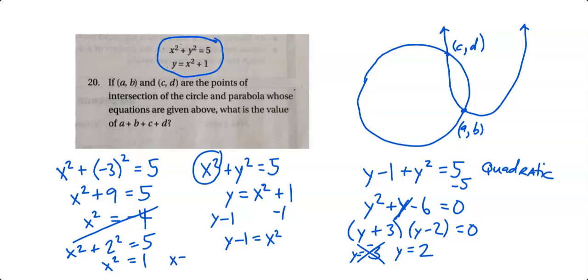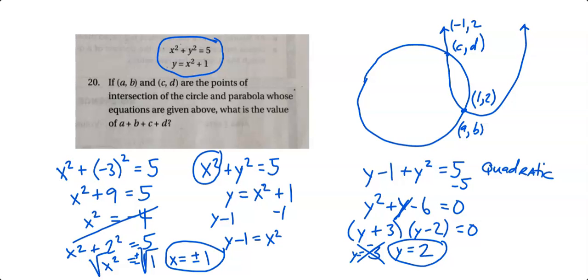And that means x equals plus or minus 1, because we take the square root on both sides. So now we have x is plus or minus 1 and y is 2. All right, so let's say that's 1, 2, and negative 1, 2.